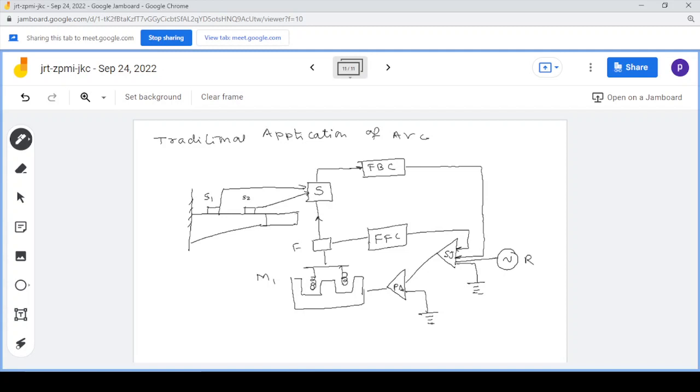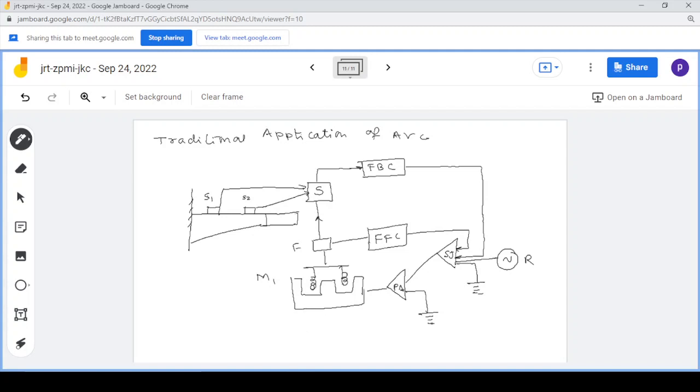So in this case, this is the vibration control by using electromagnetic actuators. You can see the different elements of the system, and this mass of the coil housing, M1, is called the proof mass.